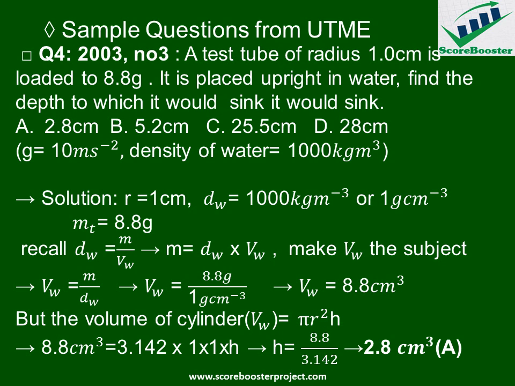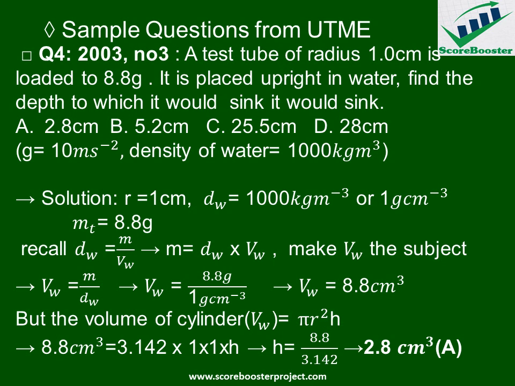Option A is 2.8 centimeter, option B is 5.2 centimeter, option C is 25.5 centimeter, option D is 28 centimeter. You are given the acceleration due to gravity g to be 10 meter per second square, and the density of water to be 1000 kilogram per meter cube.